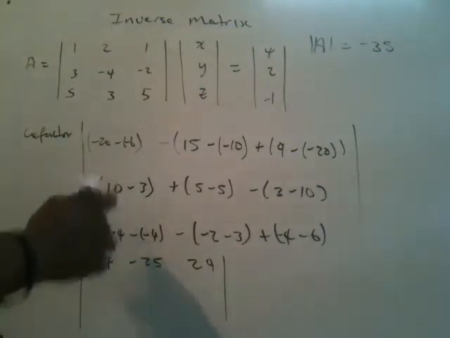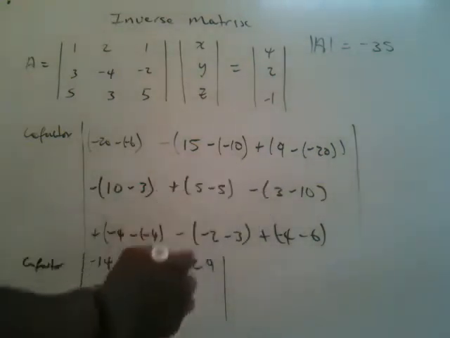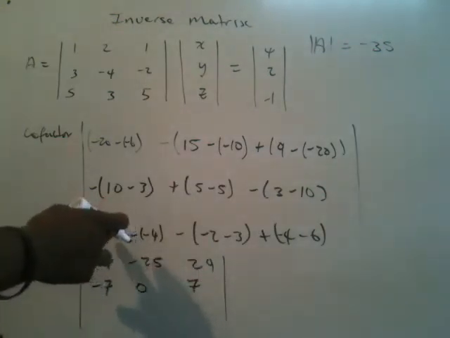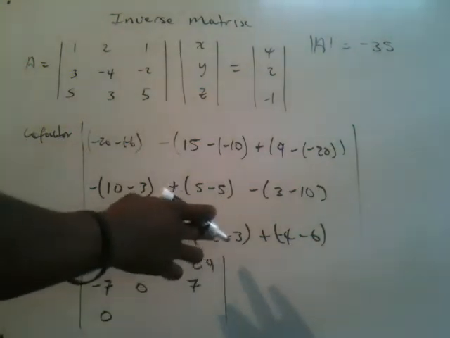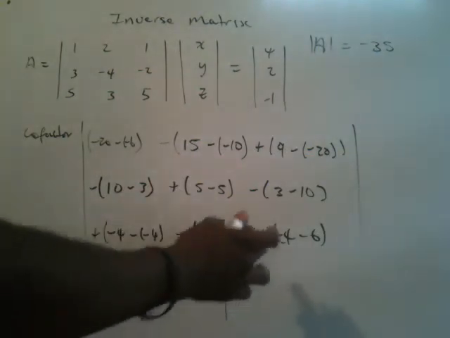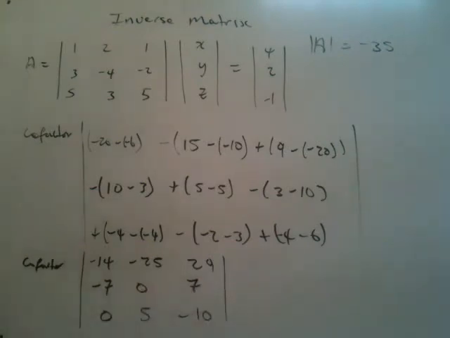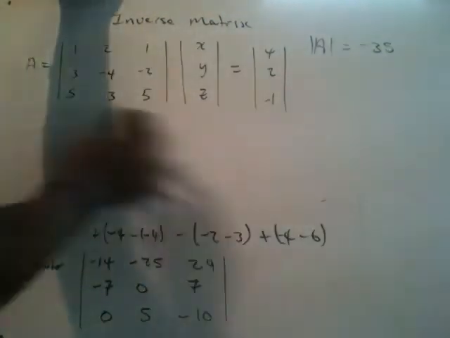Then we have -7, 0, a positive 7, and -4 ends up as 0, and minus, so a positive 5, and that gives us -10. So that is the cofactor for the matrix A.